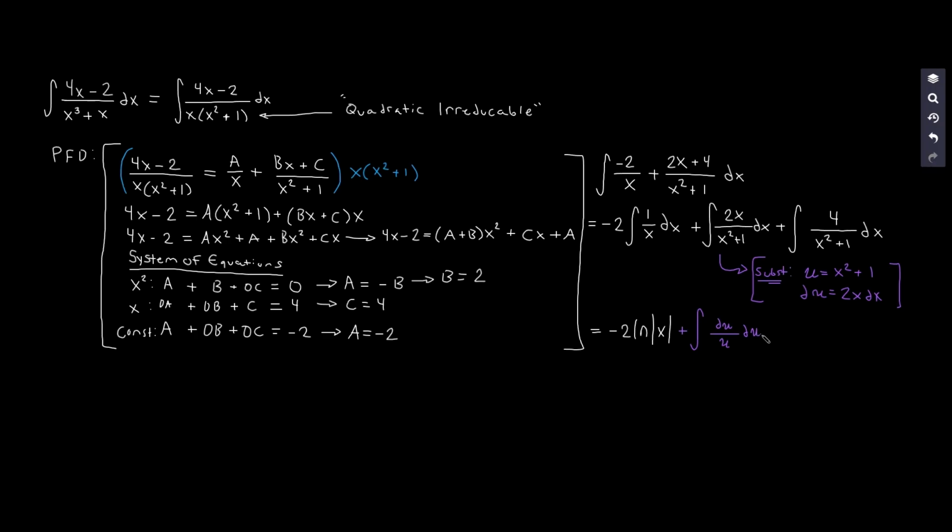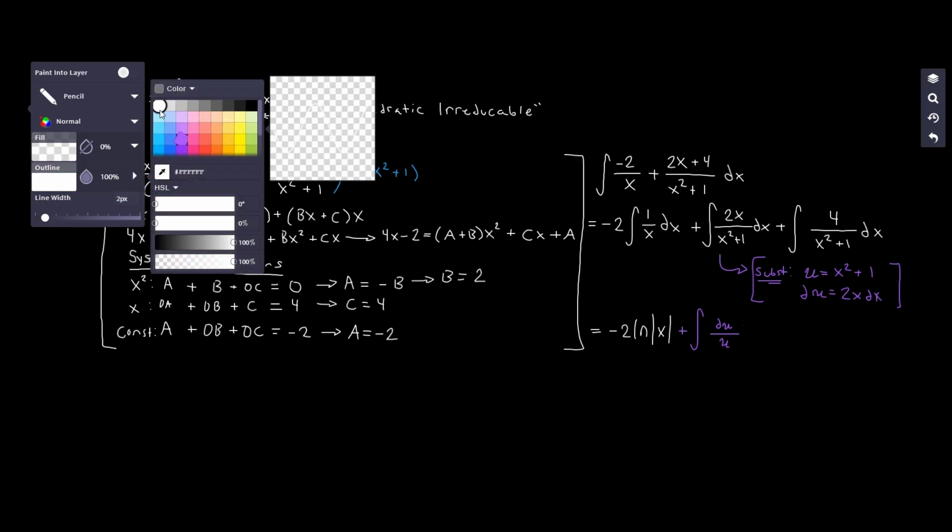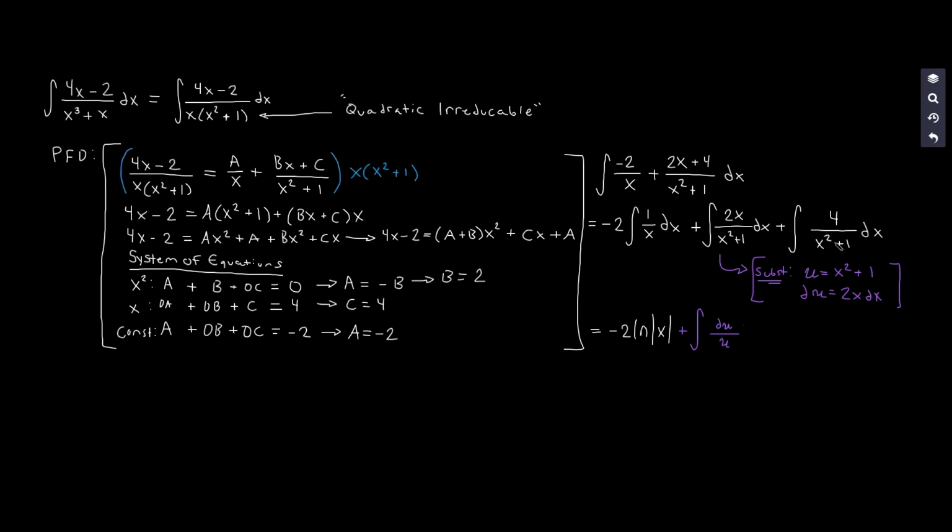But that's just going to be another natural logarithm situation, I'm pretty sure. And then for this one here, let's factor out that 4. And then now it's going to be 1 over x squared plus 1 integration with respect to x.